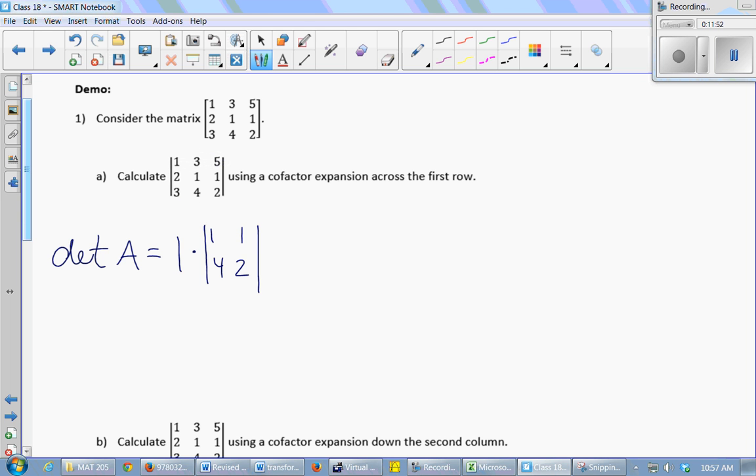Okay, so my next term of row 1 is a 3. Alternate my sign, so I have a negative now. What matrix remains when I delete the row and the column that the 3 is in? 2, 1, 3, 2. And then I switch to a plus.